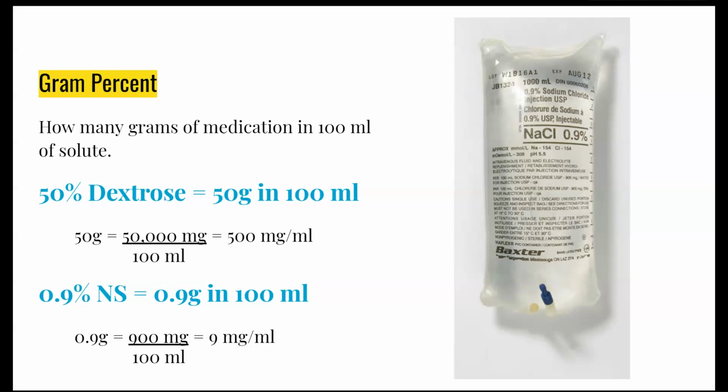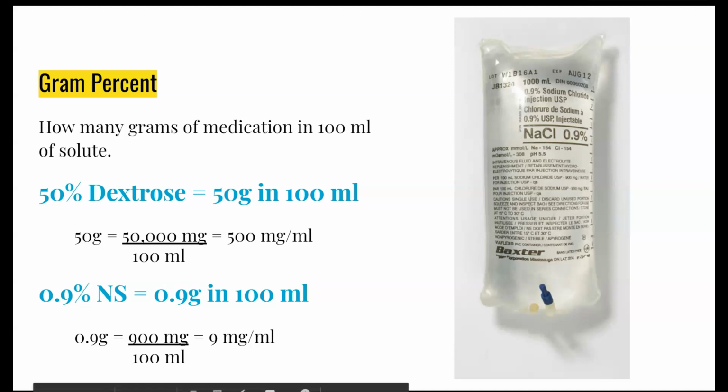You move it over 1, 2, 3, becomes 50,000 milligrams. Divide that by 100 to get how many milligrams per milliliter. And this is one of those spots where canceling out your zeros is super helpful. You have 2 zeros on the bottom and 2 zeros on the top, so you're down to 500 milligrams per milliliter.